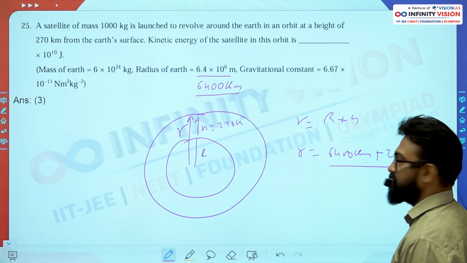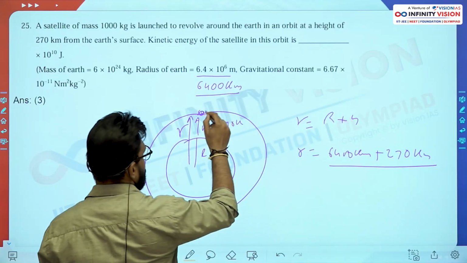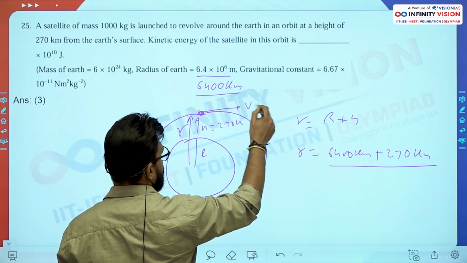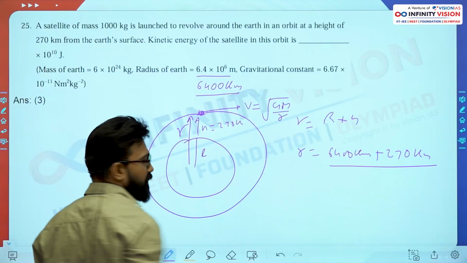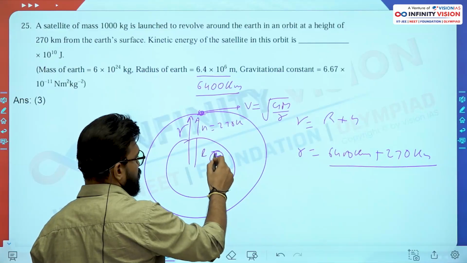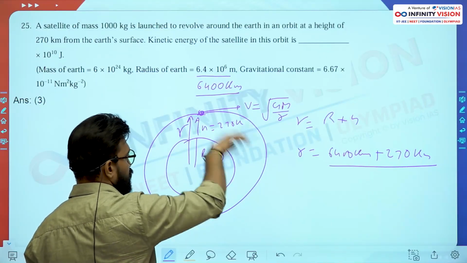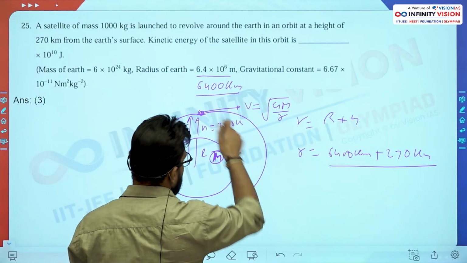The distance from the center, the orbital radius small r, is R plus h, which is 6400 kilometers plus 270 kilometers. We already know the orbital velocity is given by root of GM by r, where M is the mass of the heavenly body around which this satellite is revolving, and small r is the orbital radius.